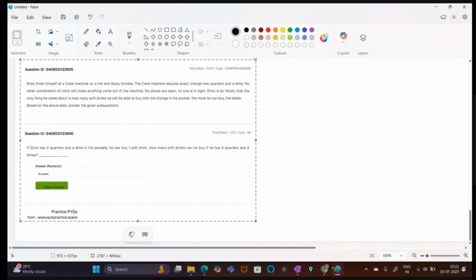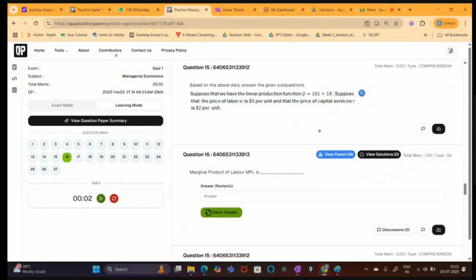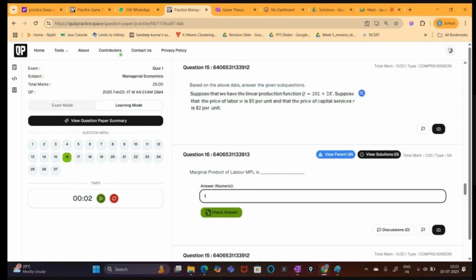Earlier question number 50. Okay, let me solve here. So what is asked is MPL, so we differentiate with respect to L. This will be 10, right? And this will be 0, I think. So MPL will be 10 only.